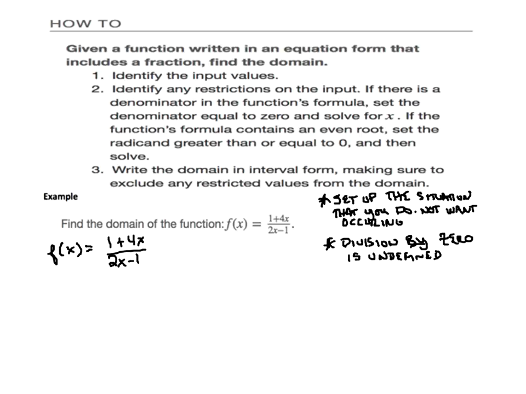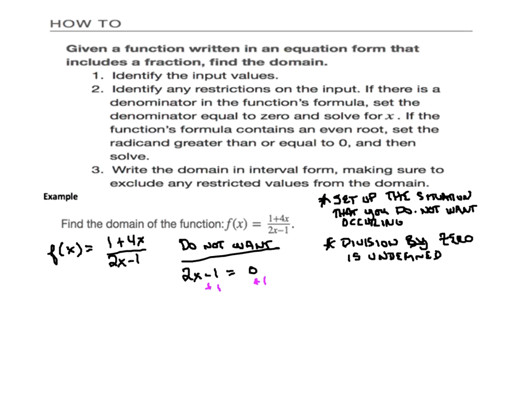It doesn't exist at that point or at that x value. So what I want to do is set up the situation that I don't want to happen. In other words, I do not want 2x minus 1 to equal 0, because if 2x minus 1 equals 0, then I'm dividing by 0. And I'm going to solve this equation to see when that's going to happen, because whenever that happens, I've got to exclude that from my domain.